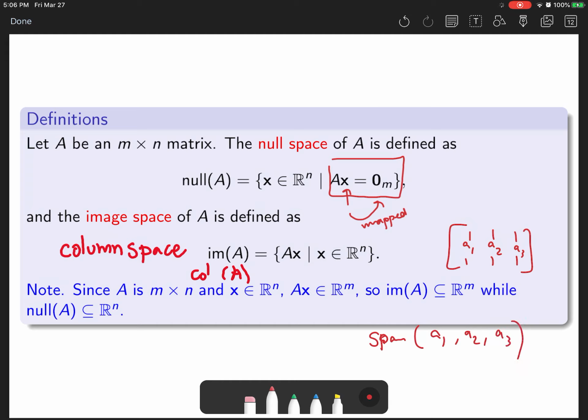And depending on whether those vectors were linearly dependent or independent, that could be a three-dimensional space. If all of those vectors were pointing in significantly different directions, it would be three-dimensional. If all of those vectors happen to fall in the same plane, then that span would be a two-dimensional space, and so on. But yeah, the column space is just the span of the columns. All of the places that you could get to using linear combinations of the columns of A.